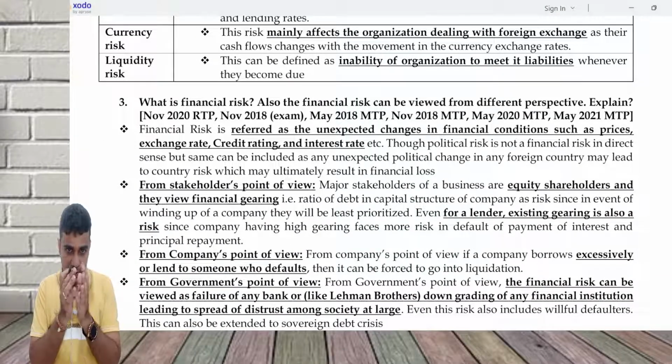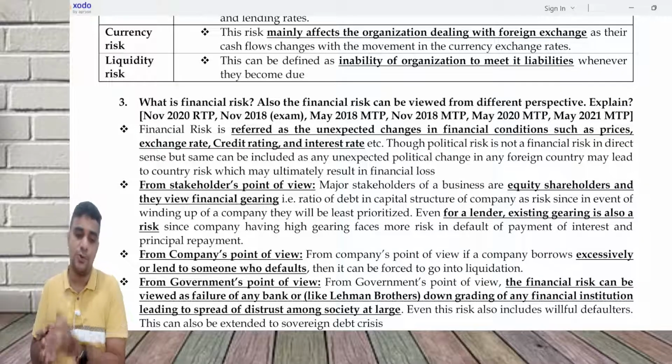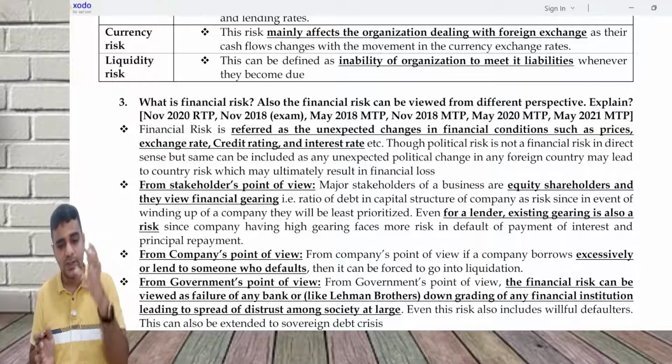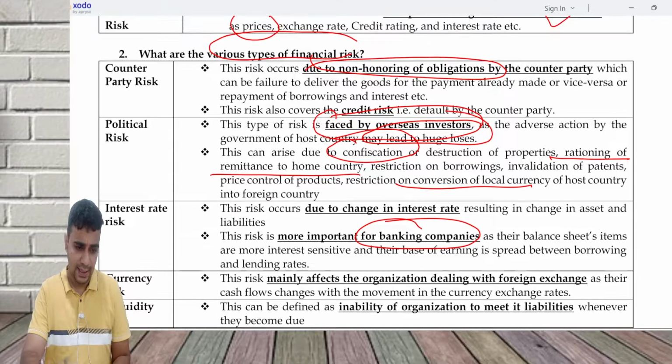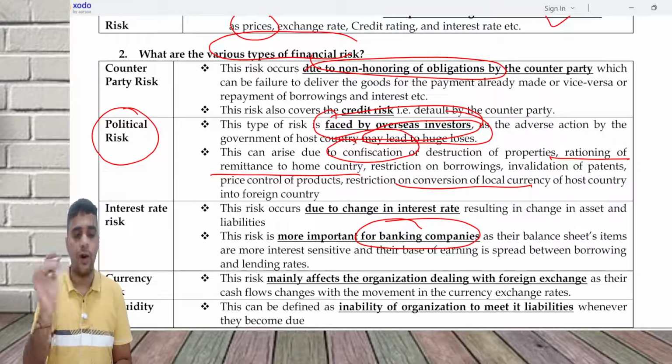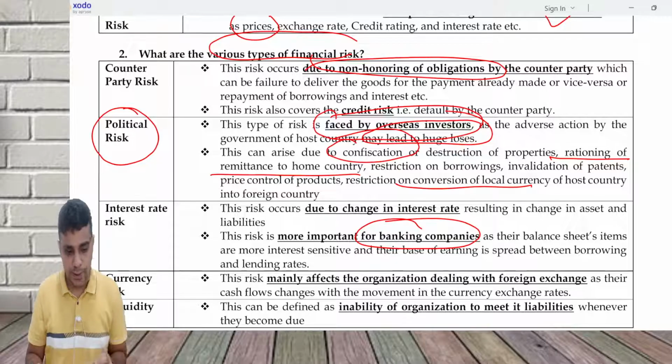Because there are different stakeholders in a company. Government also looks at it, the company also. So how is it being looked at by different people? Also, in your categorization, political risk was one of the categories of financial risk. We had counterparty, political, interest rate, currency, and liquidity risk.